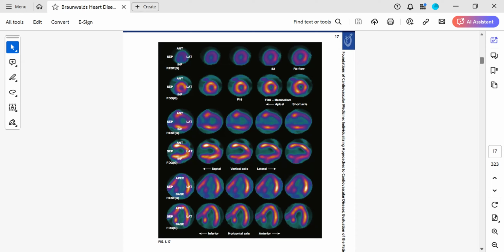Like she explained, when you use the tracers, either metabolic or the flow tracer, when you do the stress, there's a problem in the myocardium, obviously an obstruction. When you now do the metabolic tests, there is high uptake. It just means that the myocardium is hibernating.